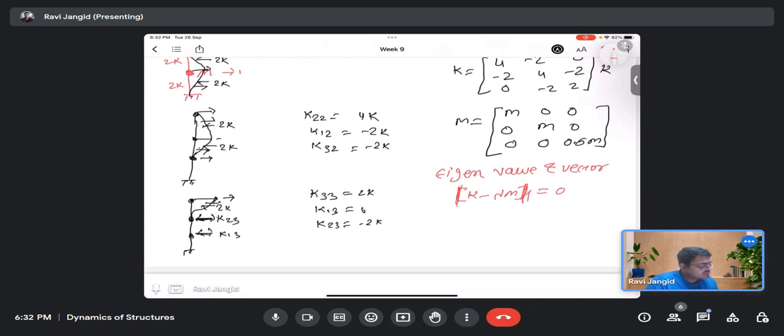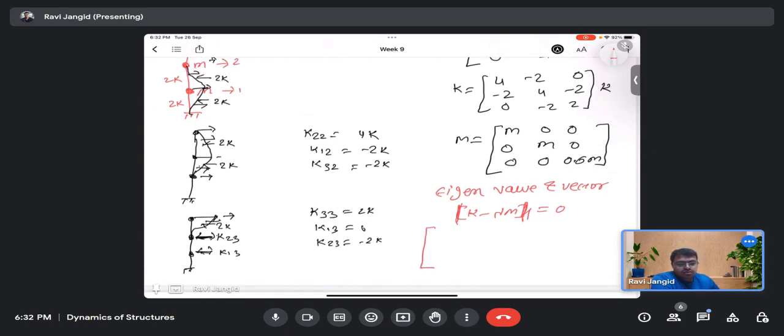If I put this in, it is coming out to be 4K minus lambda M, minus 2K, 0; minus 2K, 4K minus lambda M, minus 2K; 0, minus 2K, and then 2K minus lambda M by 2.